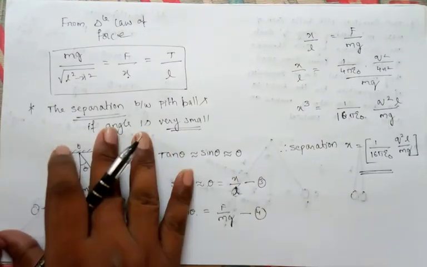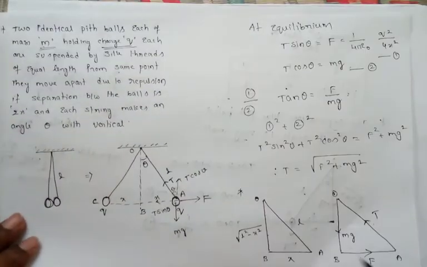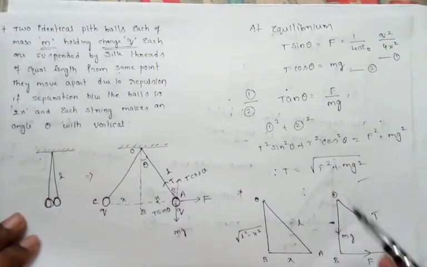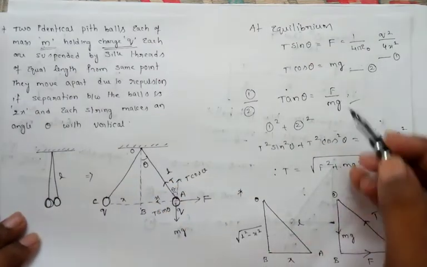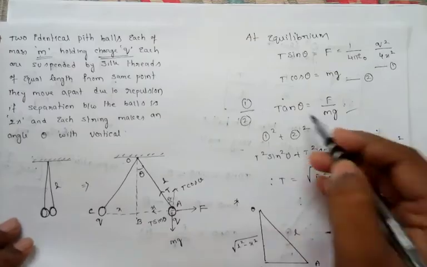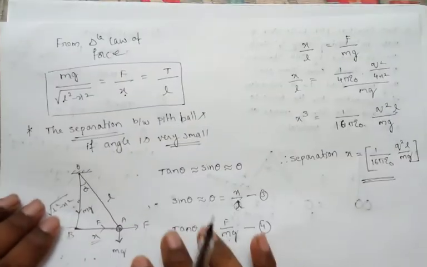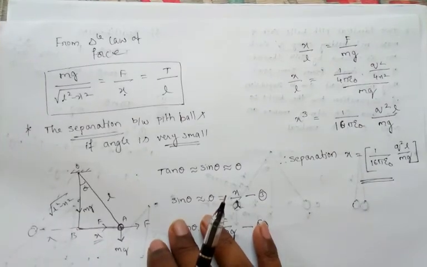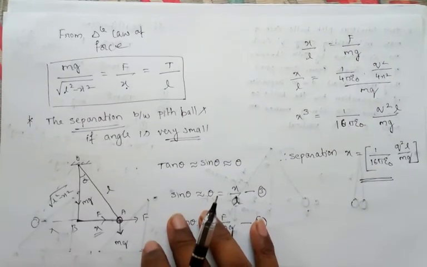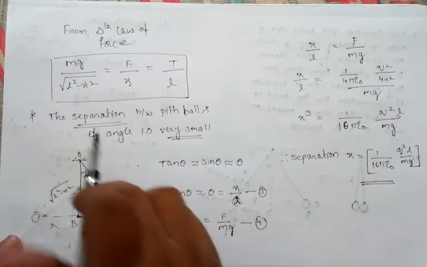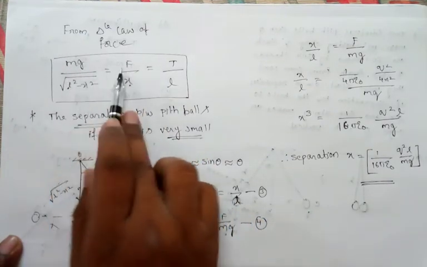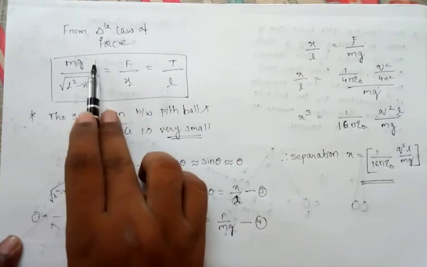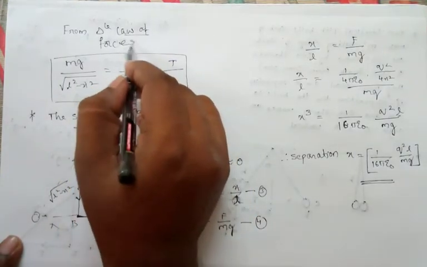So we discussed two cases here. One is where we found tension, and if they ask for the angle or length, we can use this formula. The displacement of the charge from the initial position, if you know it, and either the weight of the pith ball or the force, you can find the unknown by using this relation by the triangle of forces.